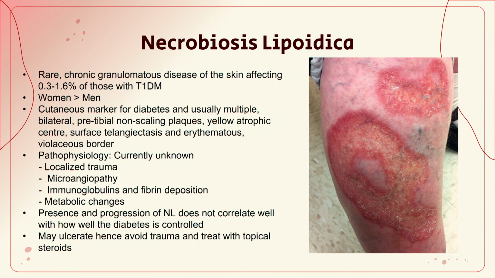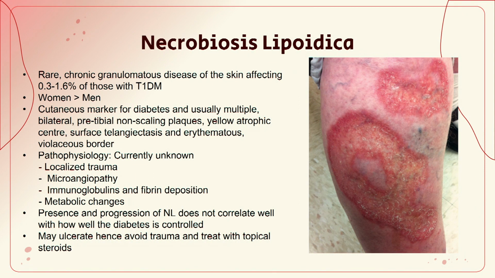The next is necrobiosis lipoidica. This is rare, but again more common in women as compared to men, and again seen more with type 1 diabetes as compared to type 2, and it usually is a marker for diabetes. So if you see this condition, you should evaluate the patient for sugars, and usually it's multiple, bilateral, pretibial, and has these non-scaling plaques, which I've shown you in the picture, with an atrophic center, surface telangiectasis, and then a violaceous raised border.